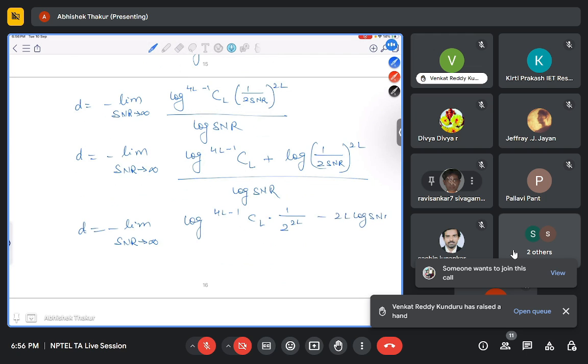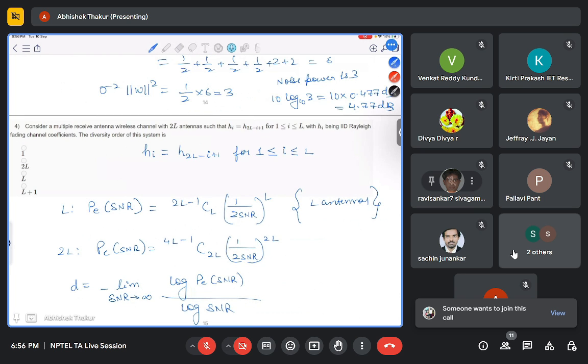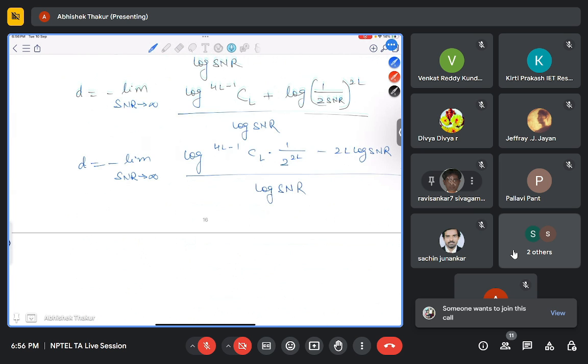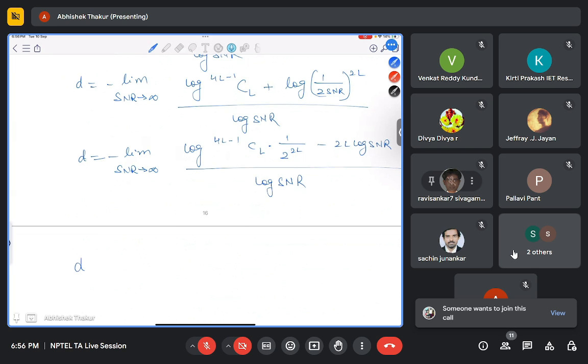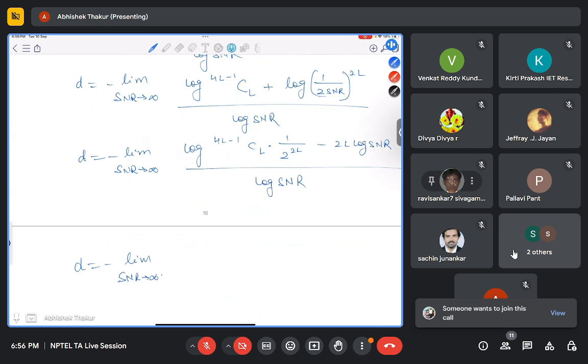So we can expand this equation like this. So the one term will be minus of 2L plus log of 4L minus 1 CL 1 by 2 to the power of 2L divided by log of SNR.